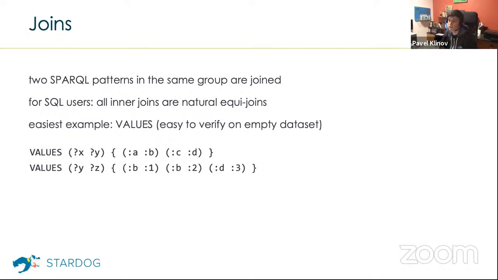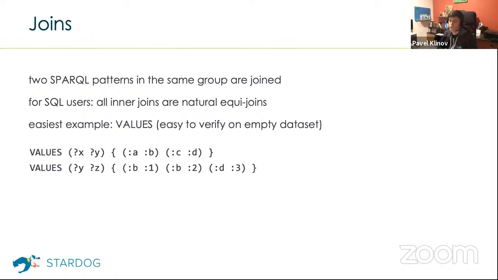The easiest example to illustrate that is VALUES. VALUES is a syntactic construct in SPARQL which just allows you to specify the data inside the query. It's useful in the real world, but it's especially useful for testing, because you can test a lot of stuff in SPARQL without any real RDF data. In this case, we have two SPARQL VALUES patterns, with two variables in each: x and y in the first, y and z in the second.